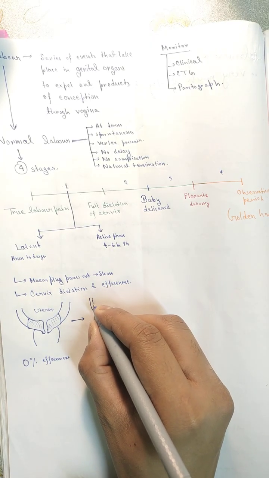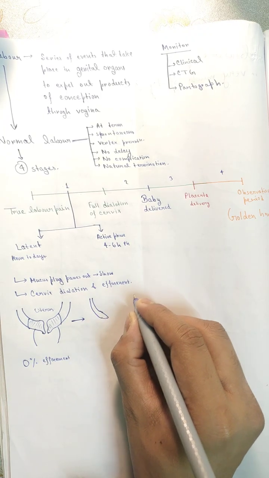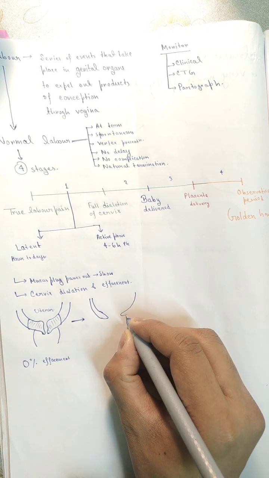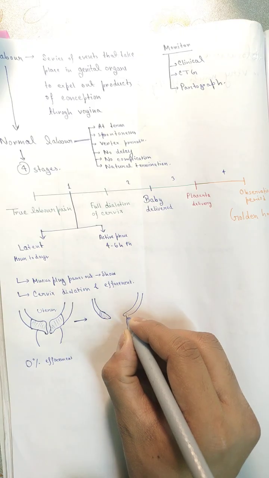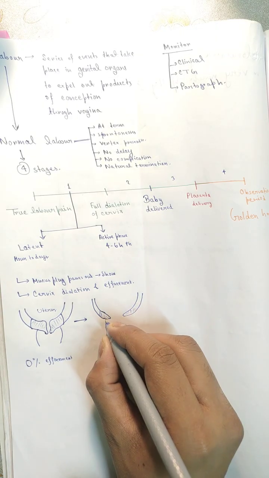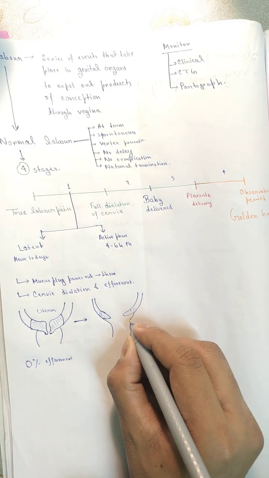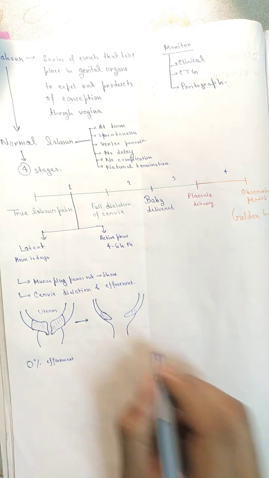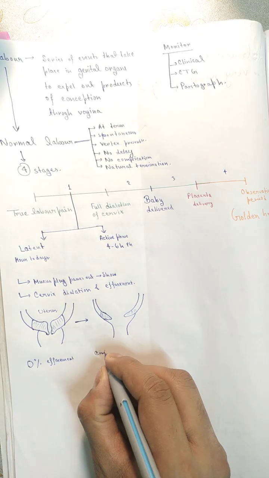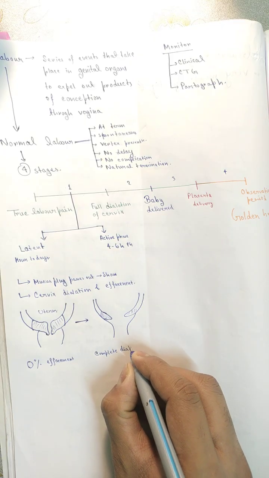It thins out, it gets shortened, and it looks like this. Okay, complete dilation.